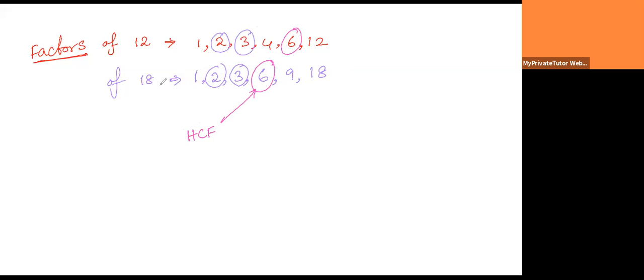In today's topic of factorization, we are going to factorize expressions by taking out the highest common term, the HCF. Let's try a simple question.